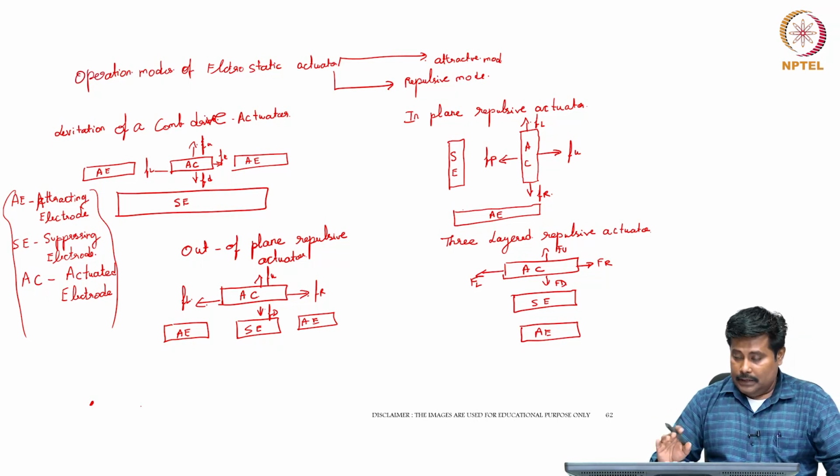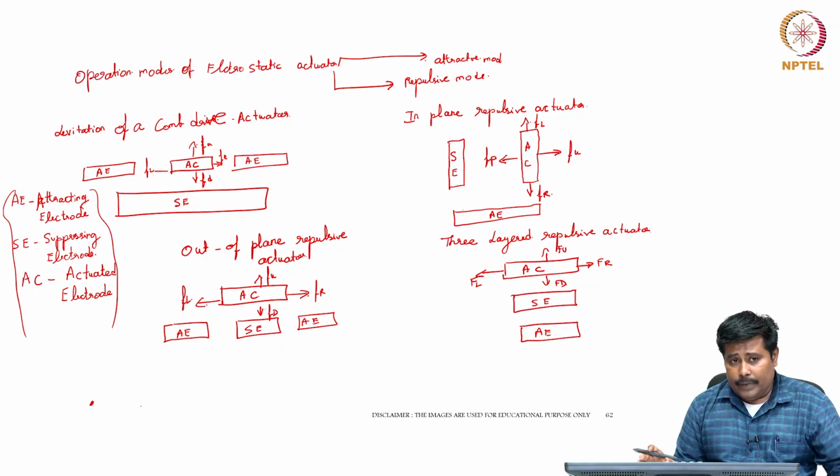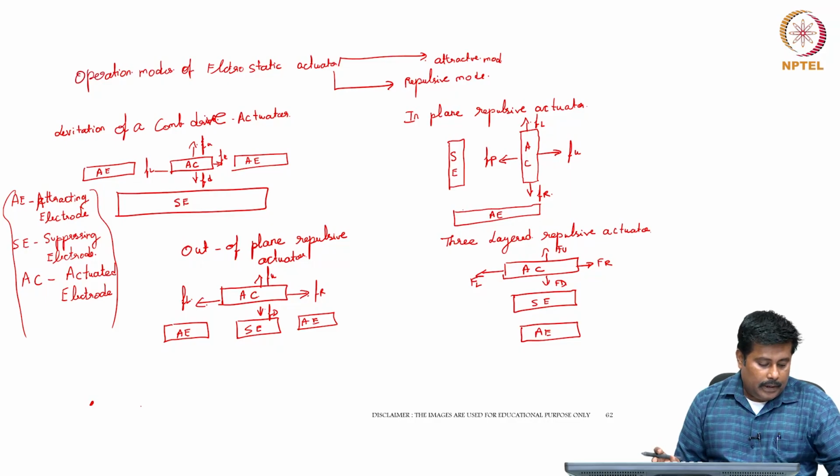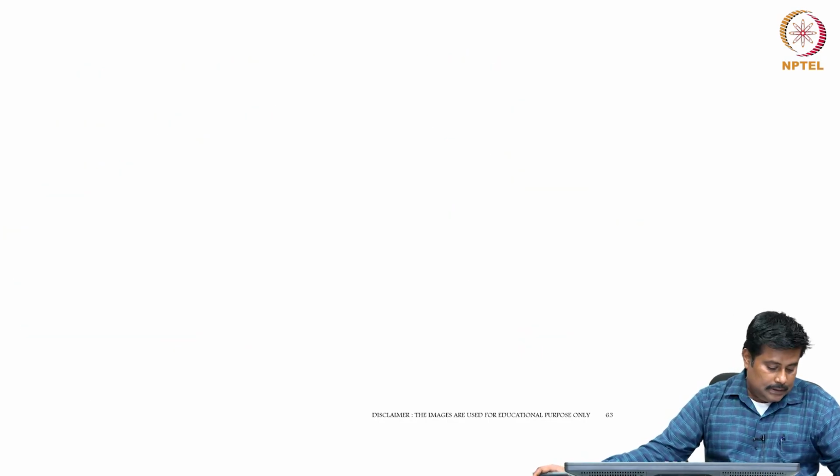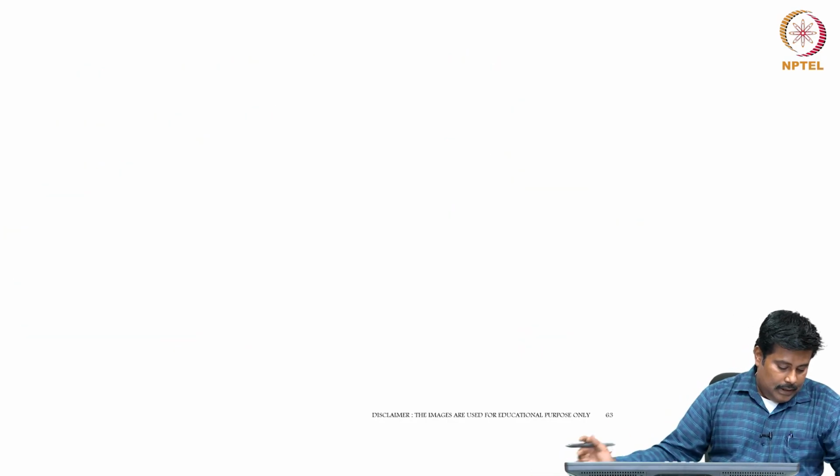So appropriately these configurations can be deployed for different micro robotic applications. Let us see some of the types of electrostatic actuators which are being used for micro robotic applications. One we had already seen is the scratch drive.